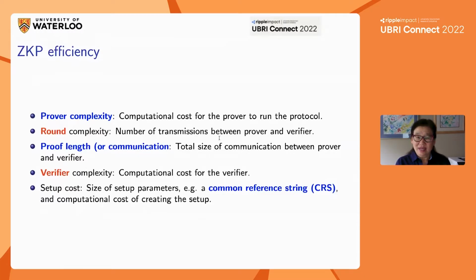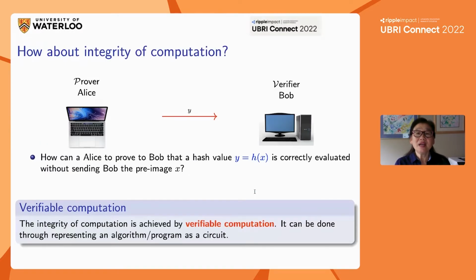Then the communication cost, which is the total size of communication between the prover and the verifier, and the verifier complexity and the setup cost. Some schemes, like zkSNARK, have a setup cost for generating the common reference string.